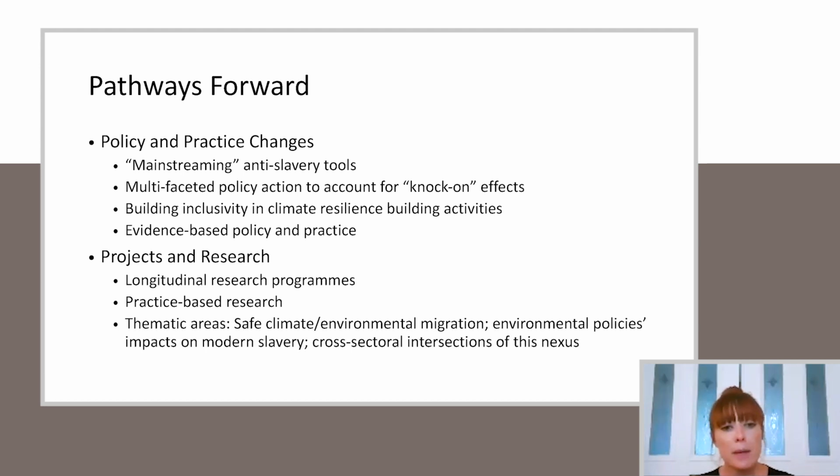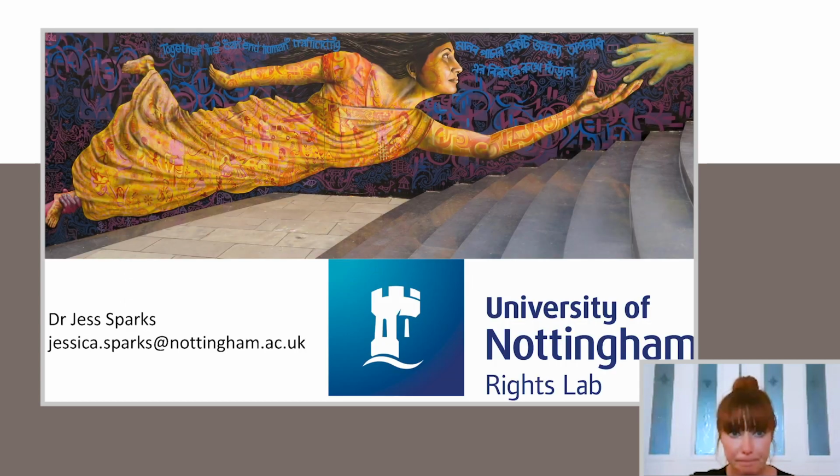And as I've already talked about, I think this idea of environmental policy impacts is going to be a really crucial next step for the field, as well as the cross-sectoral intersections of this nexus. So case studies about where we see survivors and victims moving between sectors and being exploited in different sectors. What are the narratives of their journeys, and how is that movement being facilitated?